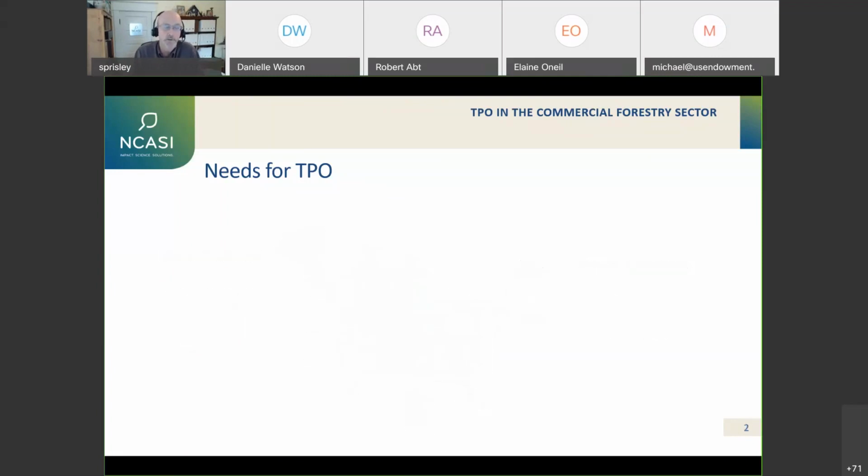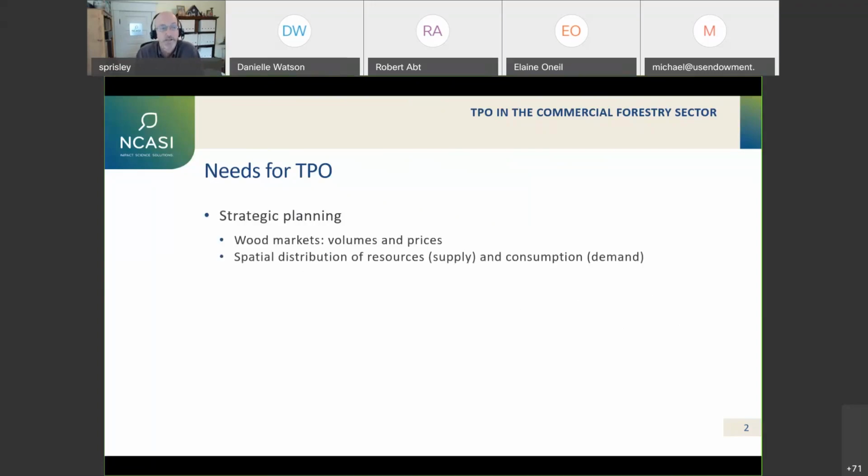And it's nice to be able to go after Bob Abt to talk to you about the SOFAC and wood supply modeling aspect need for TPO, because that's a lot of what our members need as well for strategic planning. And this applies both to manufacturers and landowners.